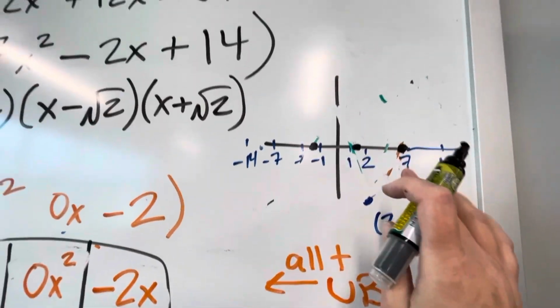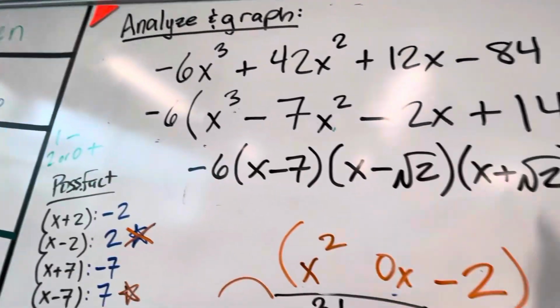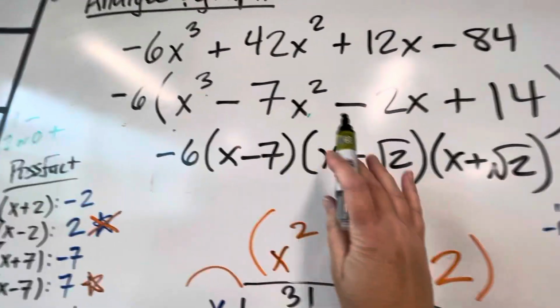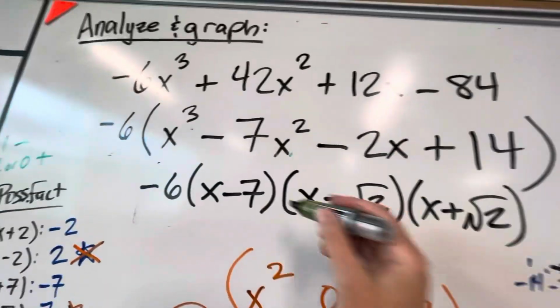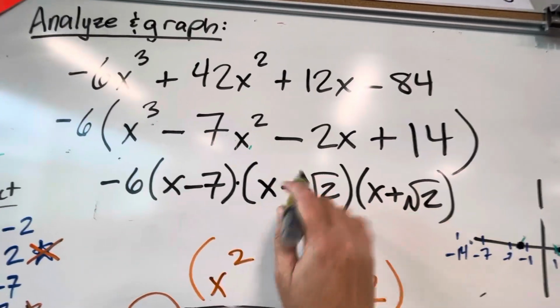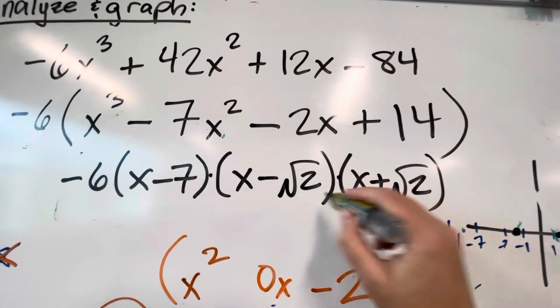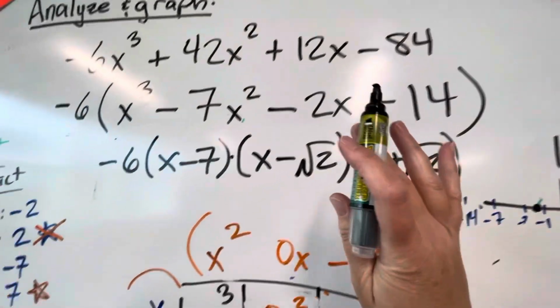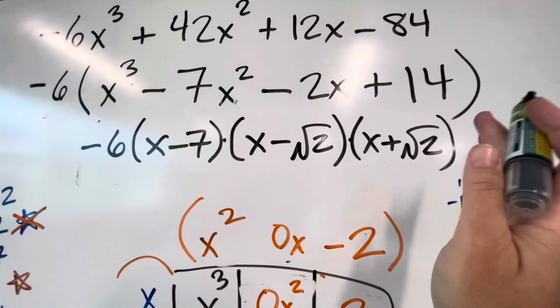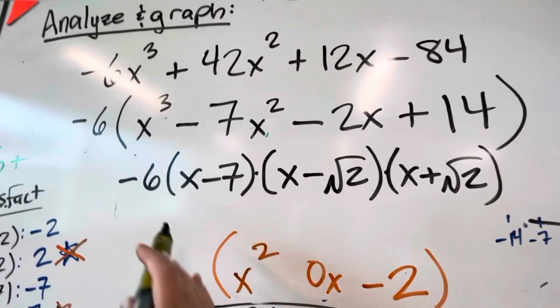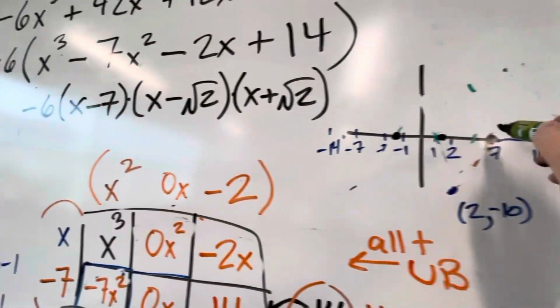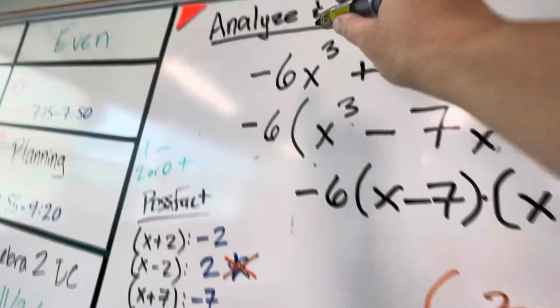My zeros, though, when I multiply all of this by negative, at the zeros, they don't change. Because when this factor is 0, the whole thing's 0, whether it's positive or negative. When this factor is 0, the whole thing's 0, etc., right? So once I'm in zeros form or factored form, the positive and negative doesn't matter on the axis, but it does matter overall.